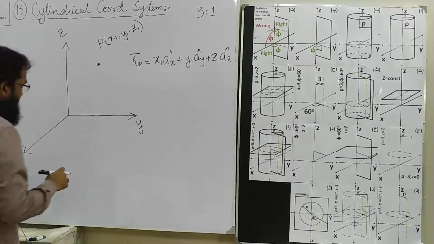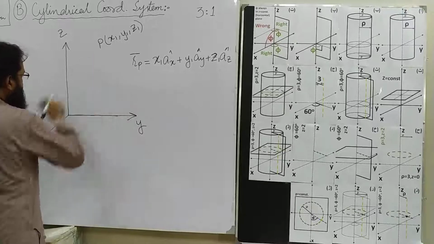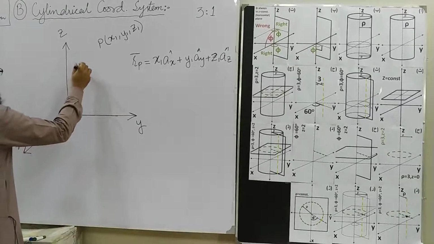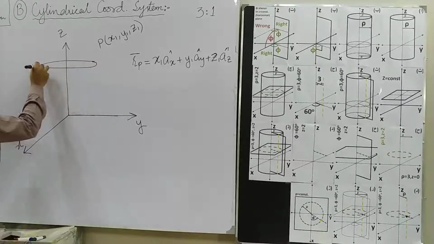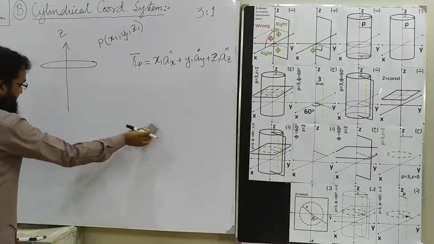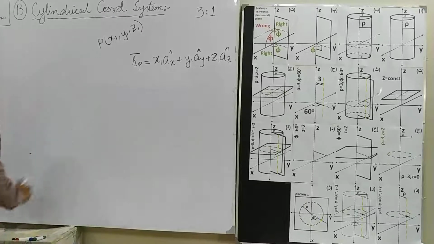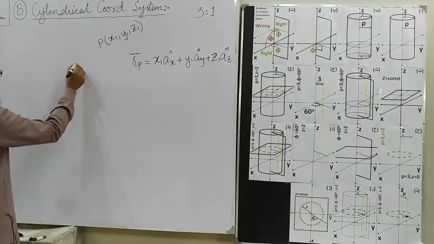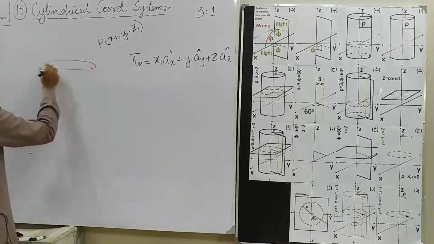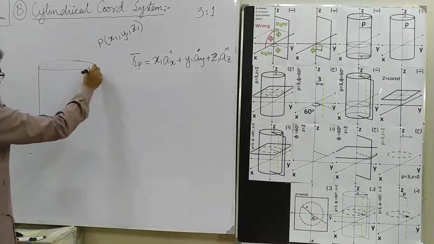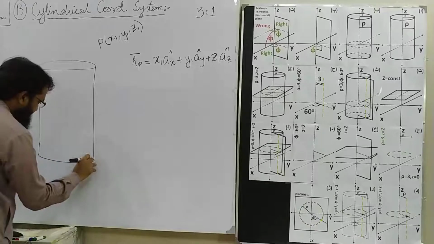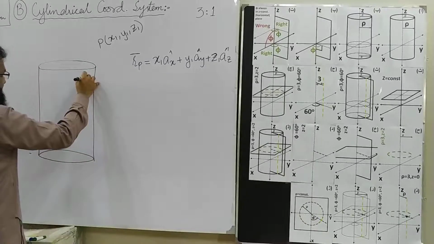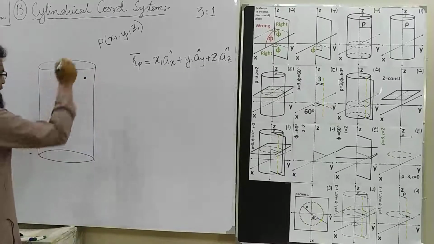But now, what if I tell you that this point lies on a cylinder? This is additional information which I'm giving you, meaning that here is a cylinder in three-dimensional space, and on that cylinder there is a point P. Now locate it.